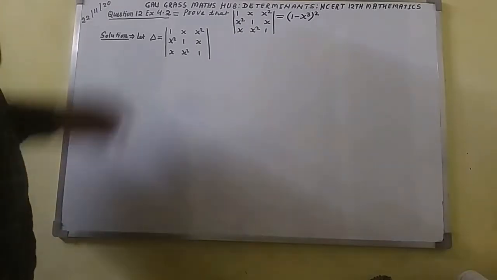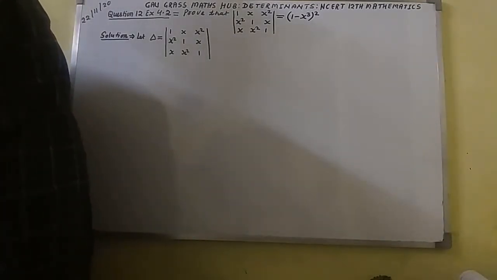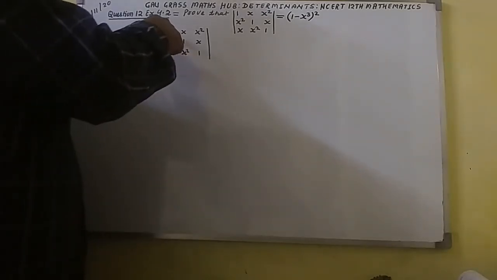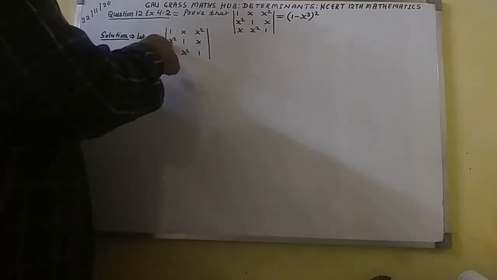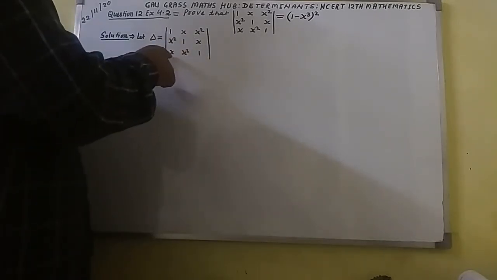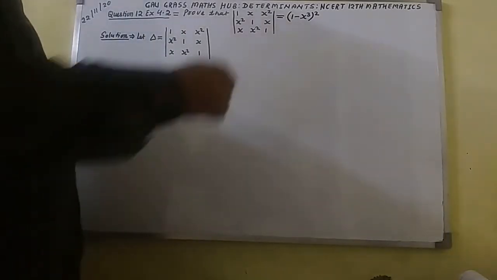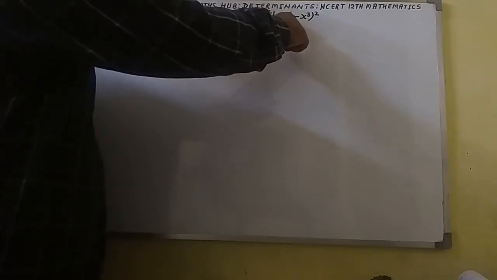Here you can see in this determinant elements of first row are 1, x, x square. Elements of second row are x square, 1, x. The elements of third row are x, x square, 1. Here in the right hand side you can see 1 minus x cube is there.